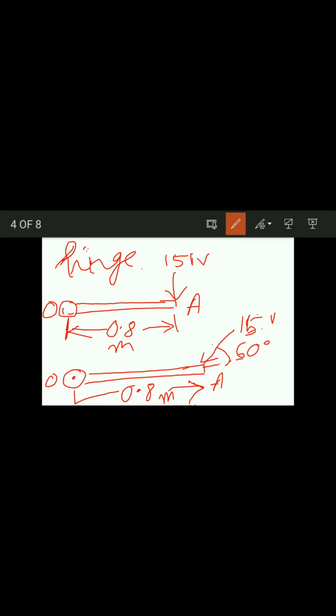Now the moment when the force acts perpendicular to the door, in the first case.